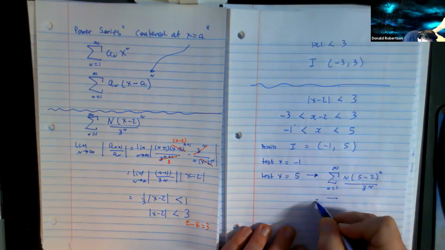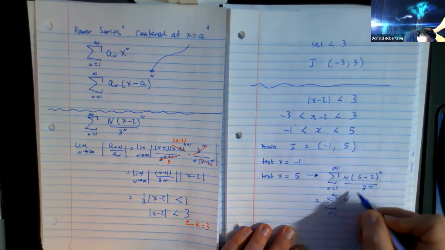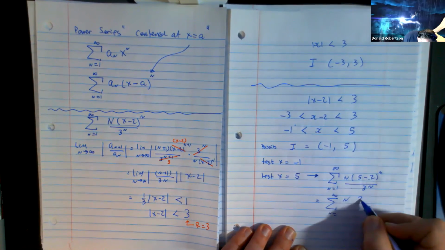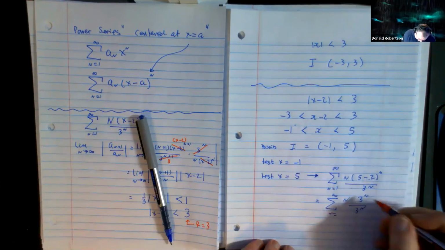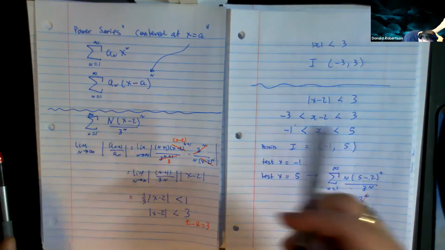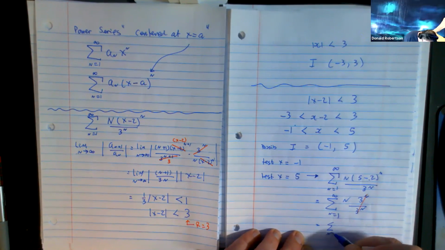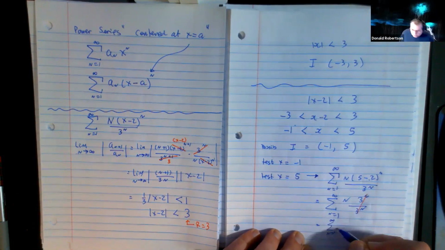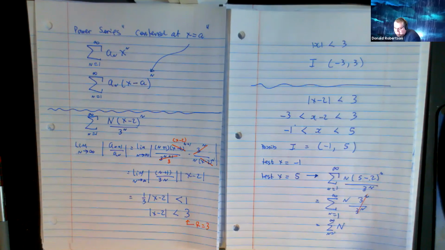And I'm going to simplify that. 5 take away 2 is 3, so I get 3 to the n over 3 to the n. These cancel out, and do not overthink this one. What will sigma from 1 to infinity of the series made up of n's be?